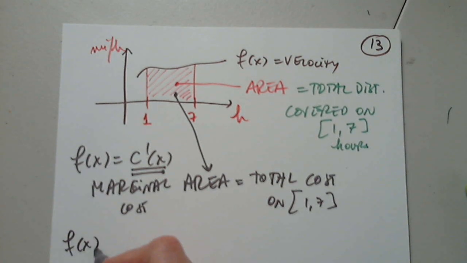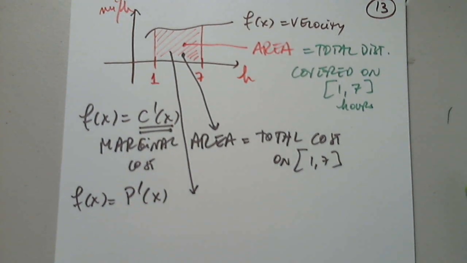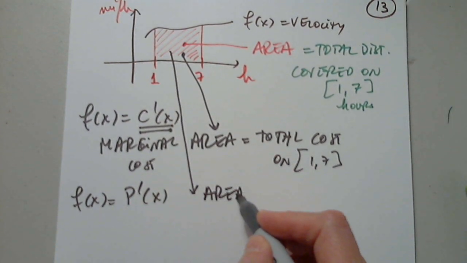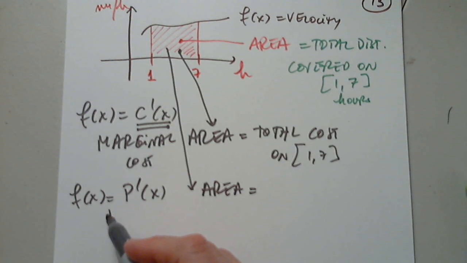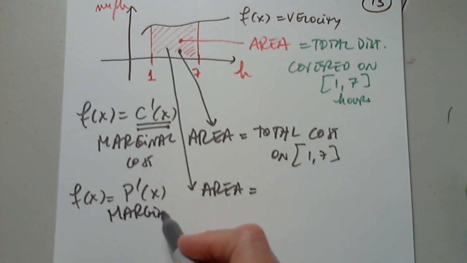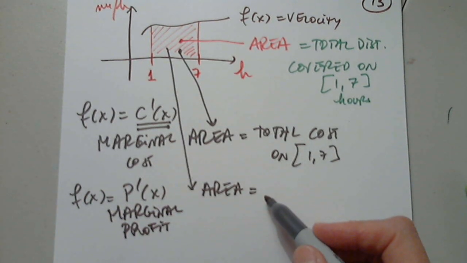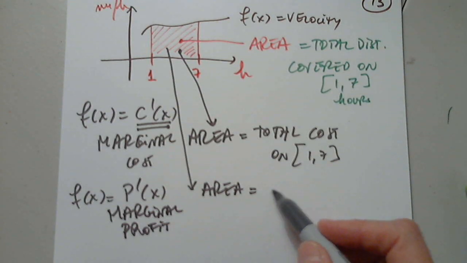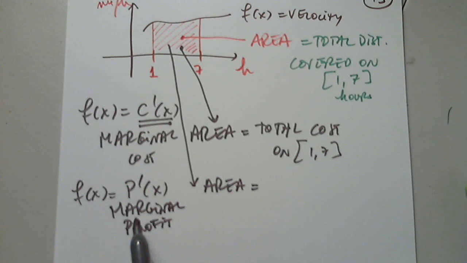What if f of x is the profit prime? What would be the area then? What will be the area if this function now is the marginal profit?